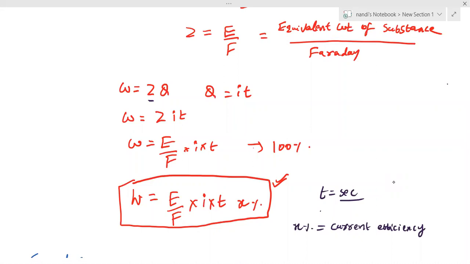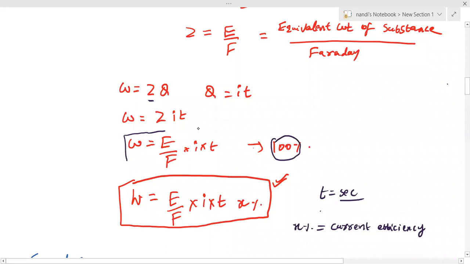Whenever current efficiency is given as 100%, then this is the formula. If they are talking about strength of current or efficiency terms, then that is X. But still, any doubt, you can ask.